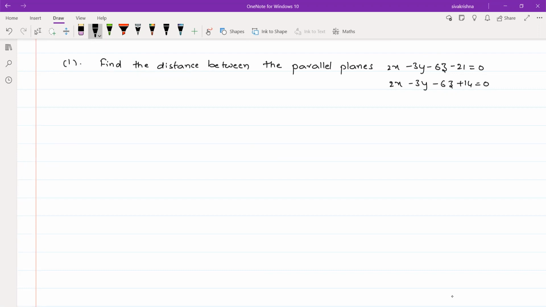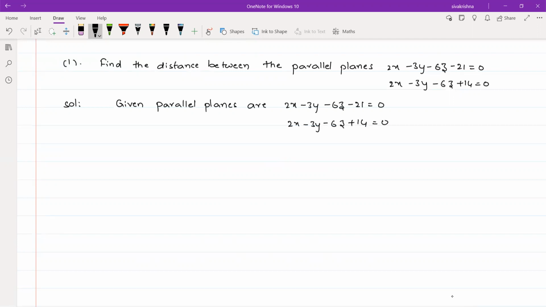Okay. So coming to the solution, once again we have to write the given parallel planes: 2x minus 3y minus 6z minus 21 is equal to 0, and 2x minus 3y minus 6z plus 14 is equal to 0.